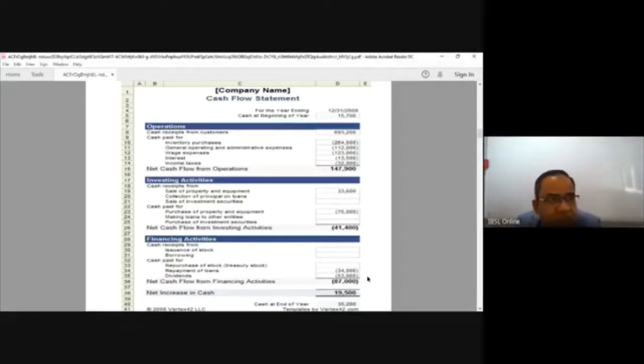When they have excess cash, they can put it in treasury bills, treasury bonds, and deposits. All these things are also going out of the cash flow.